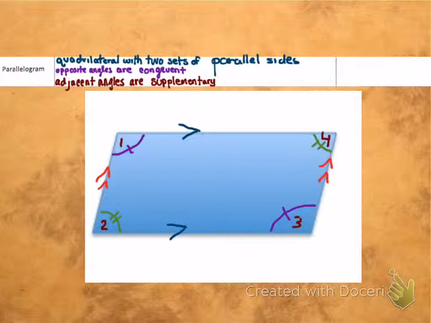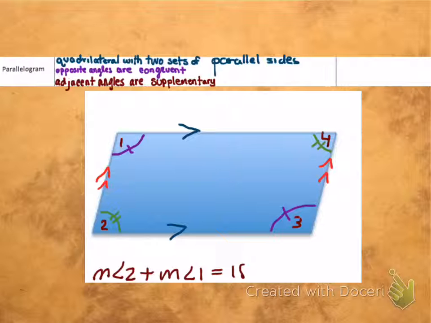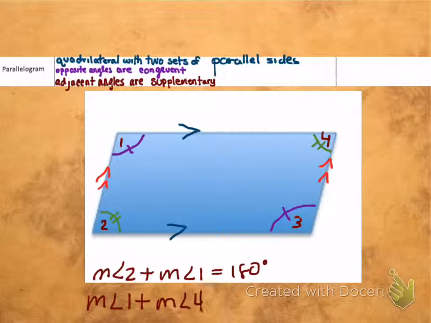So we could look at that and know, okay, if that's a parallelogram, then the measure of angle 2 plus the measure of angle 1 is equal to 180. And the same thing would be true, again, adjacent, next to each other here in the shape. So the measure of angle 1 plus the measure of angle 4 would also equal 180, and so forth as you went around the shape. So that's important to know.